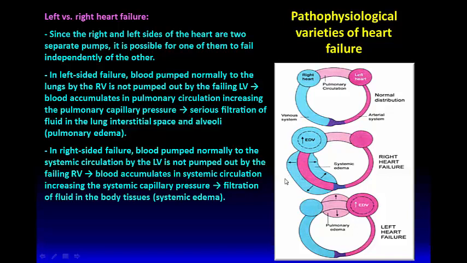As a result of that, blood accumulates in the systemic circulation, increasing the pressure in the systemic capillaries, and this results in filtration of fluid in the body tissues and systemic edema.